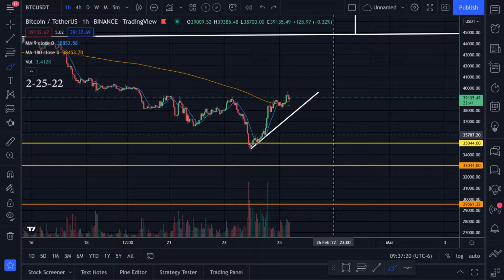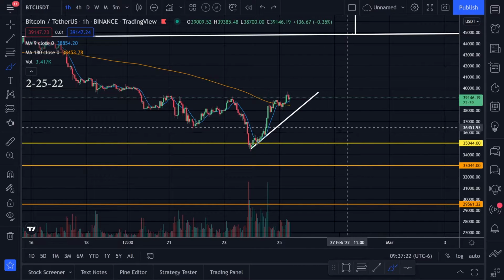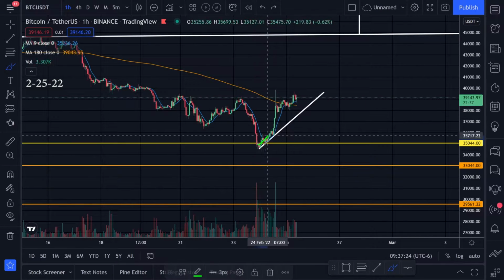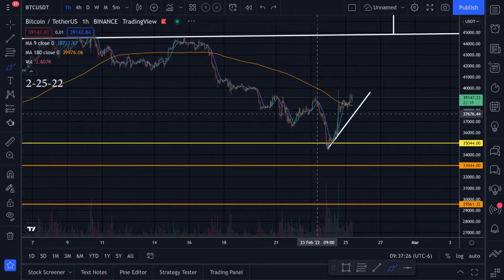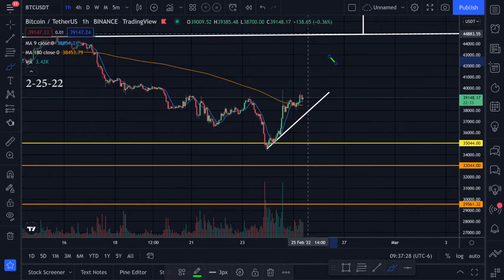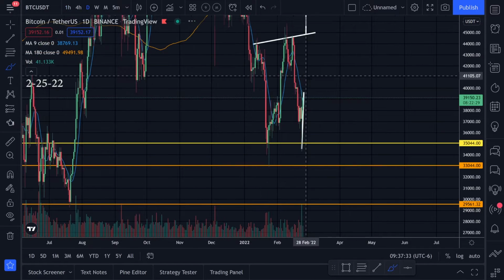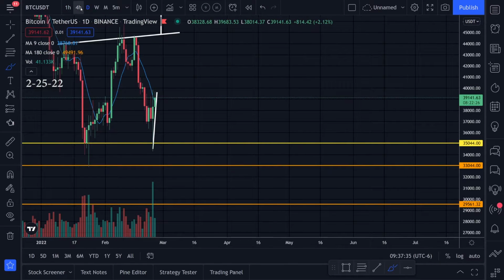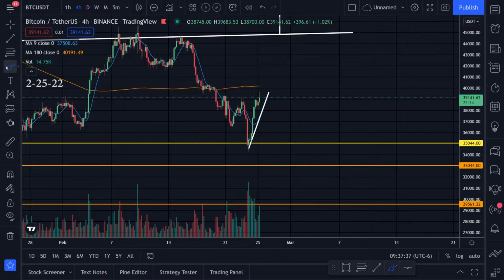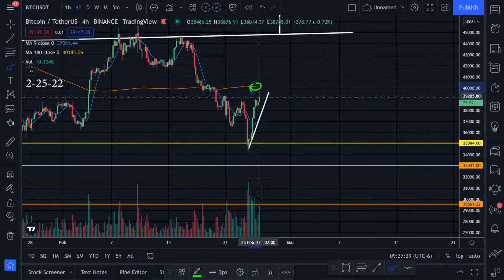Once we break the trend line going down, then that will be a bearish signal. So right now we are still trending up, and I'm just curious how far we're going to go to the upside. Are we going to come up, hit this trend line up here, or are we going to get rejected by the 4-hour 180 moving average? That's kind of giving us some trouble.